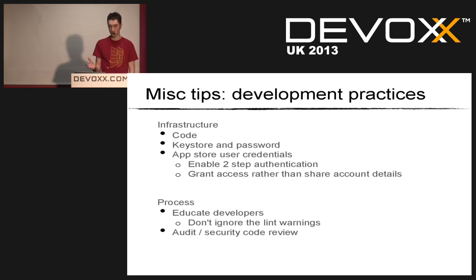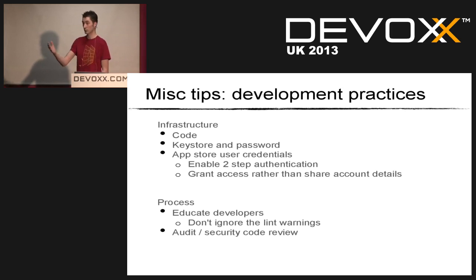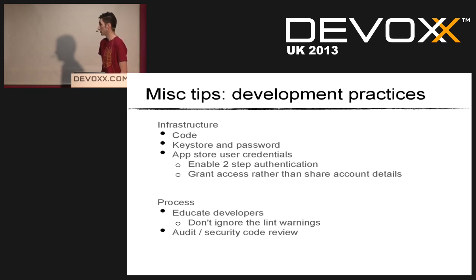The other thing worth noting is the key store. The key store is what you use to sign the app to say this is an app that I've developed, and once it's signed, apps can only be updated if they're signed with the same key. The problem is, keys can't be revoked. So if you ever lose your key or it's stolen, you can't say I'll revoke that and create a new one.